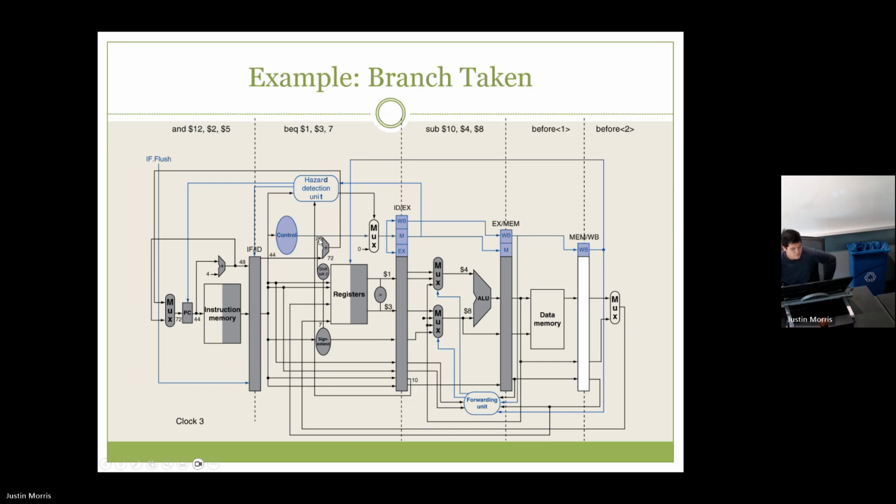So over here, with the new target address, I'm going to update PC. On the next clock cycle, we'll fetch the correct instruction, which was the load word. And then the hazard detection unit will turn this and into a no operation by setting its control signals to 0.